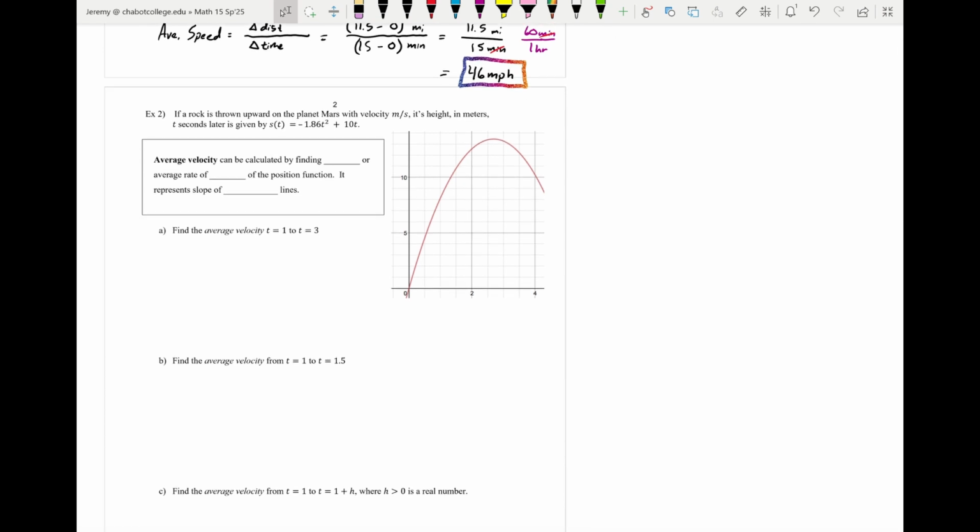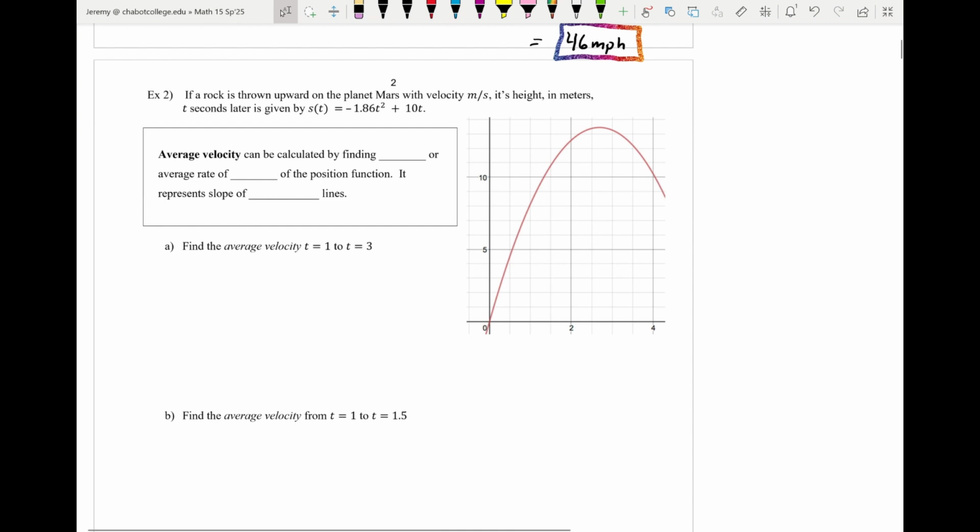One thing just to define clearly: average velocity can be calculated by finding the change in position over the change in time, or the average rate of change of the position function.